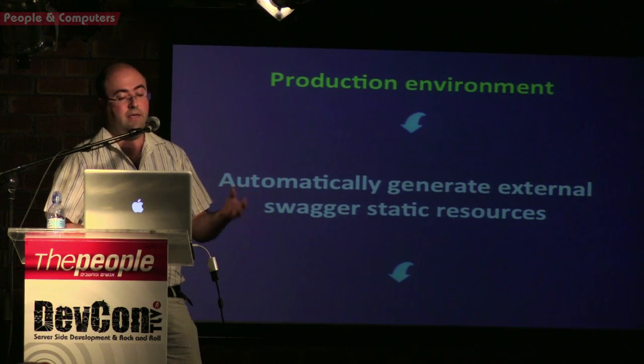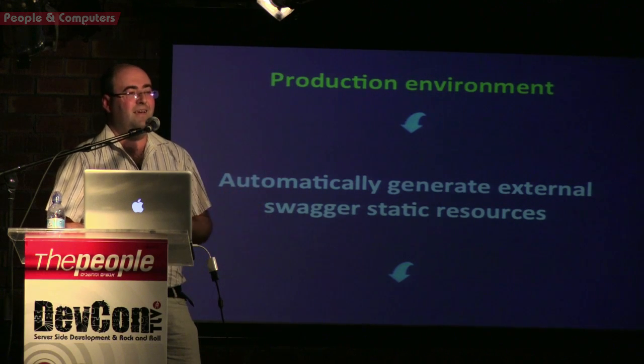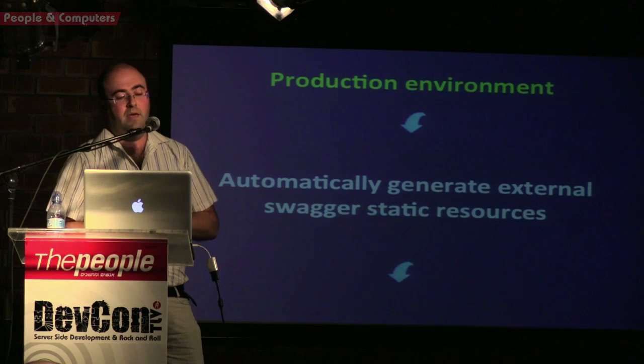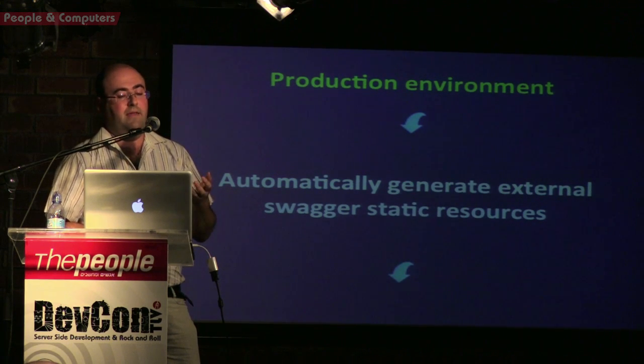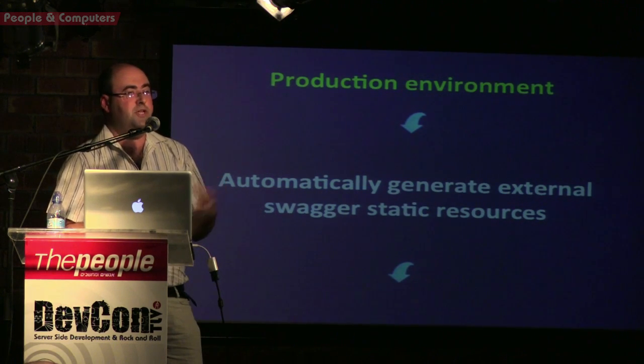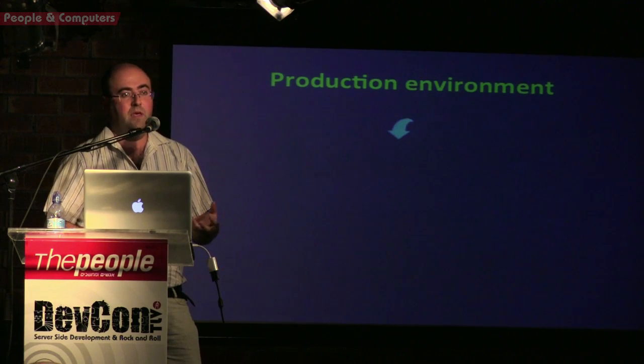Actually, these days I'm working on implementing a Gradle plugin that will do this job. Gradle is another interesting technology that I'm excited about, and then you will be able to generate all these static resources automatically.